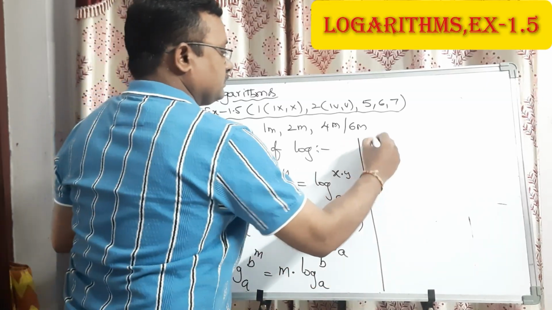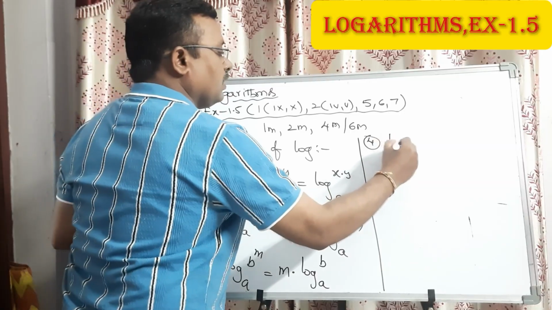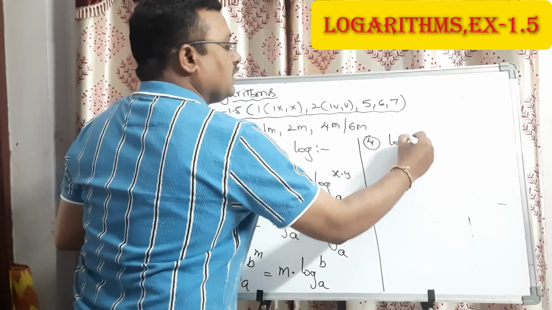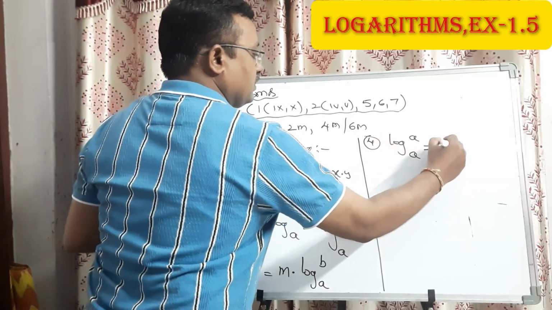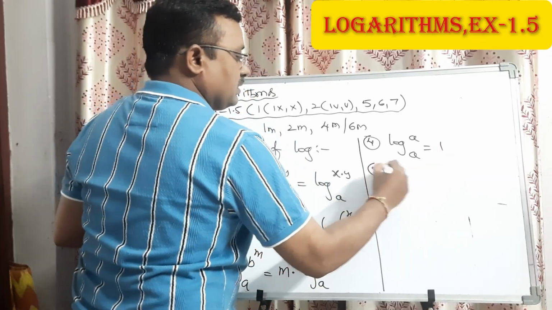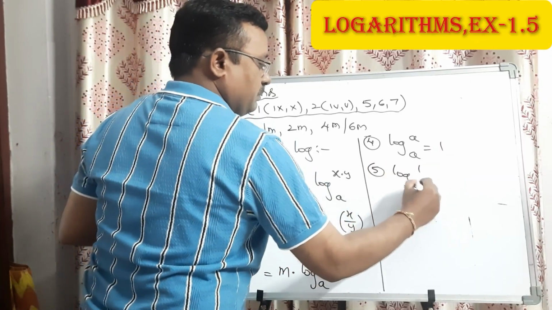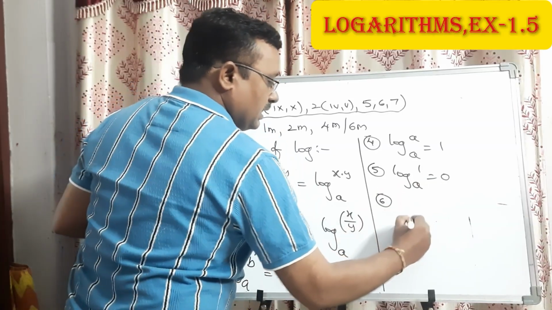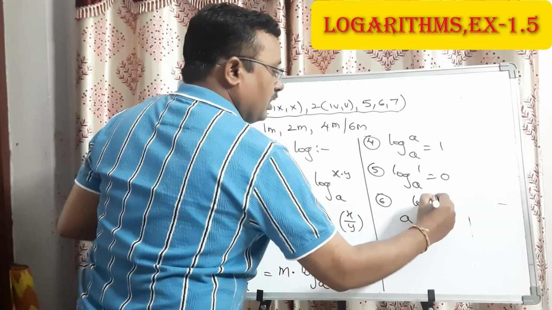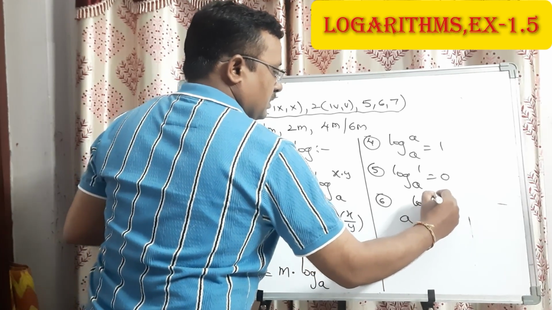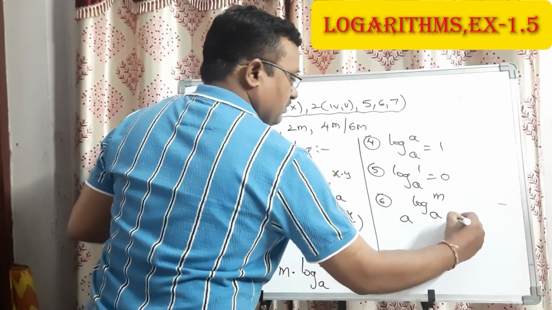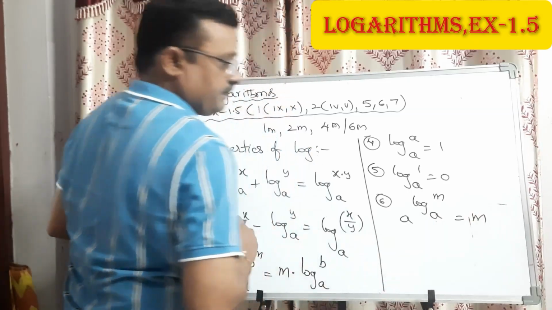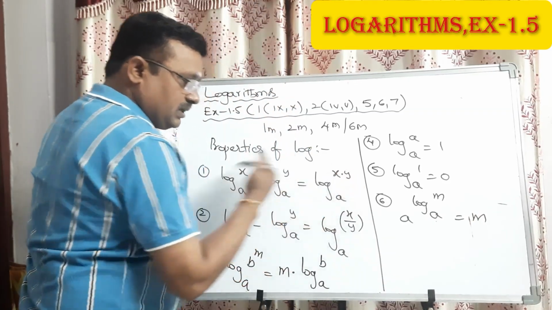Next, fourth one: log a to the base a equals 1. Fifth one: log 1 to the base a equals 0. Sixth one: a power log m to the base a will be equal to m. LHS equals RHS, and RHS equals LHS.